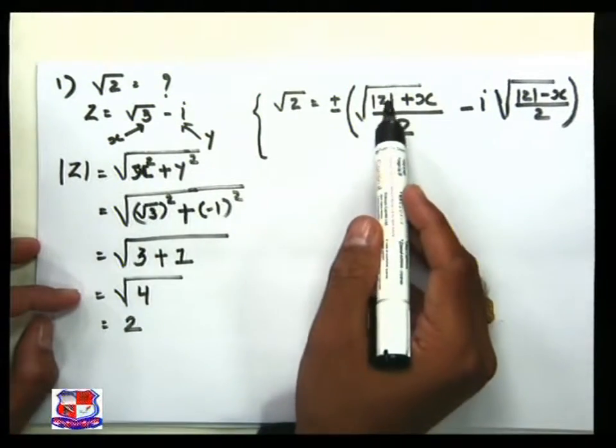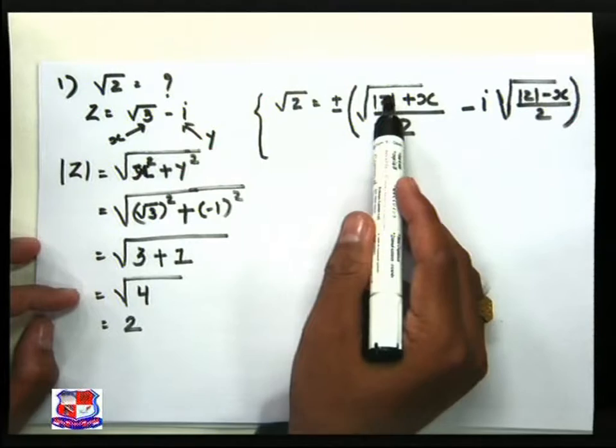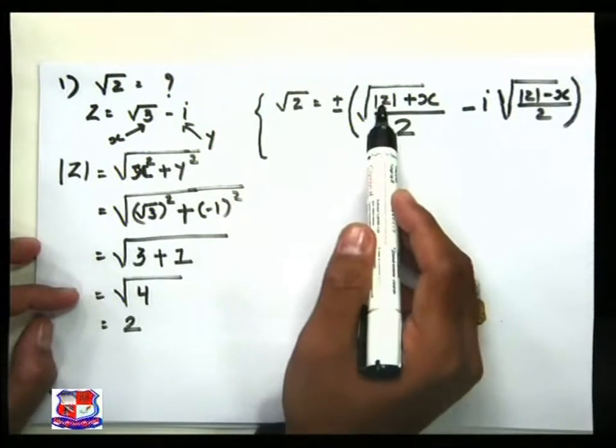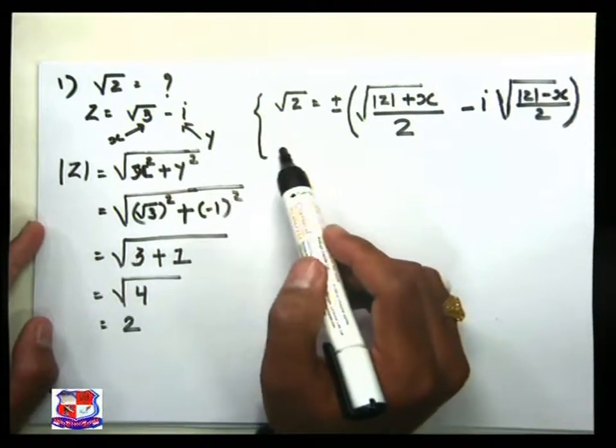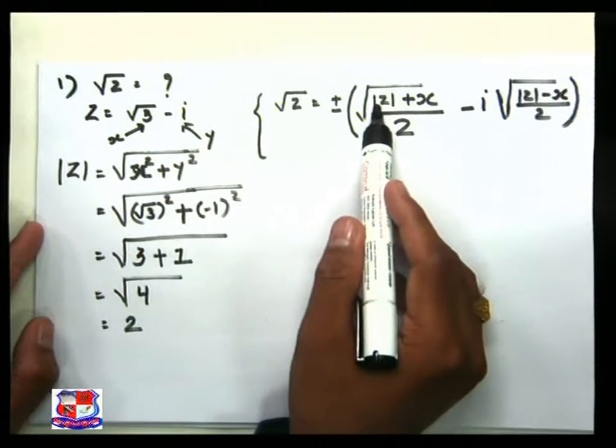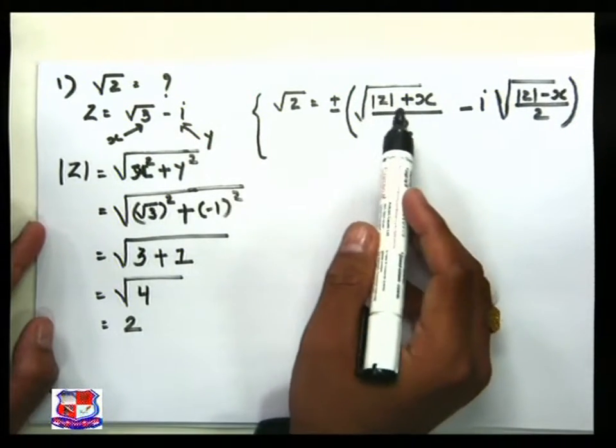We want to find out mod of z because our equation of the under root of z has mod of z inside. Now we replace the mod of z value, that is 2, in our final equation.